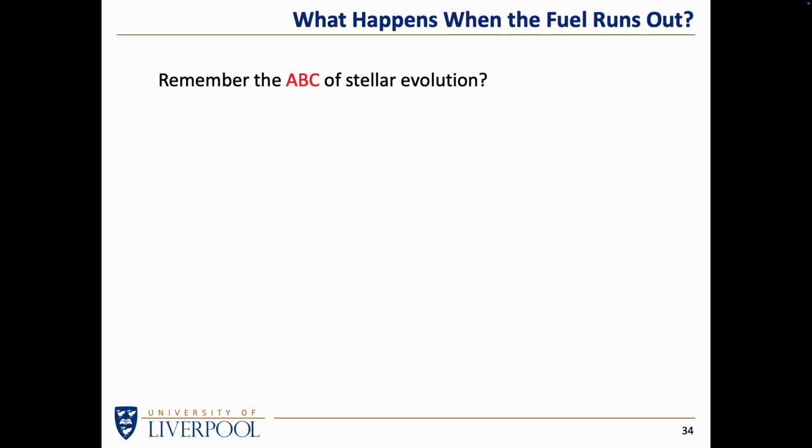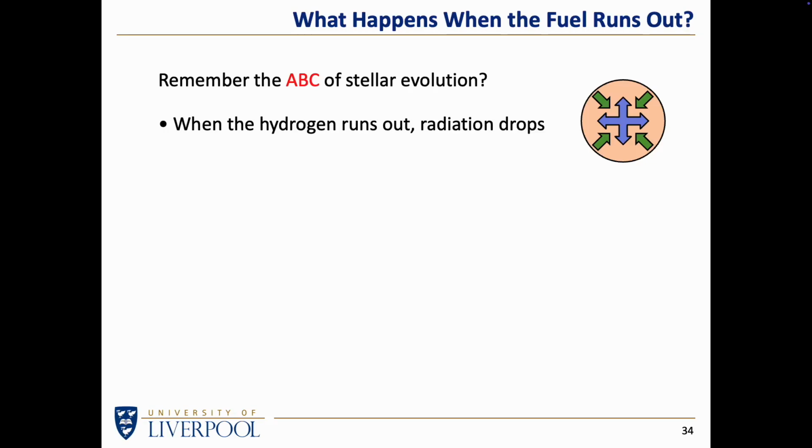That's where the ABC, I would argue, actually gets quite useful, because with the ABC, we can go through step by step and we can say, yeah, that's what you would expect to happen when the fuel runs out inside a star. When the hydrogen runs out, or at least starts to run out, I suppose I should say, the radiation is going to drop. The nuclear fuel at the center is no longer producing the same amount of energy.